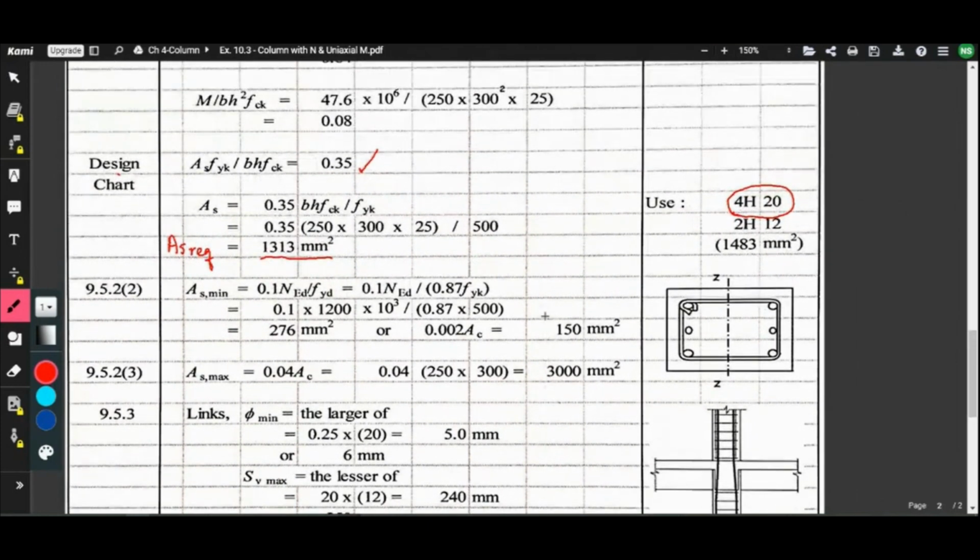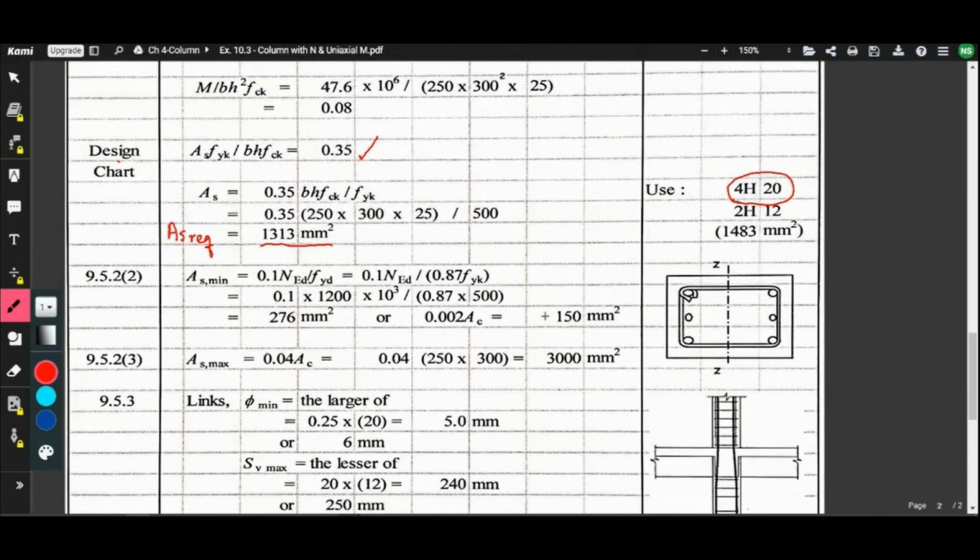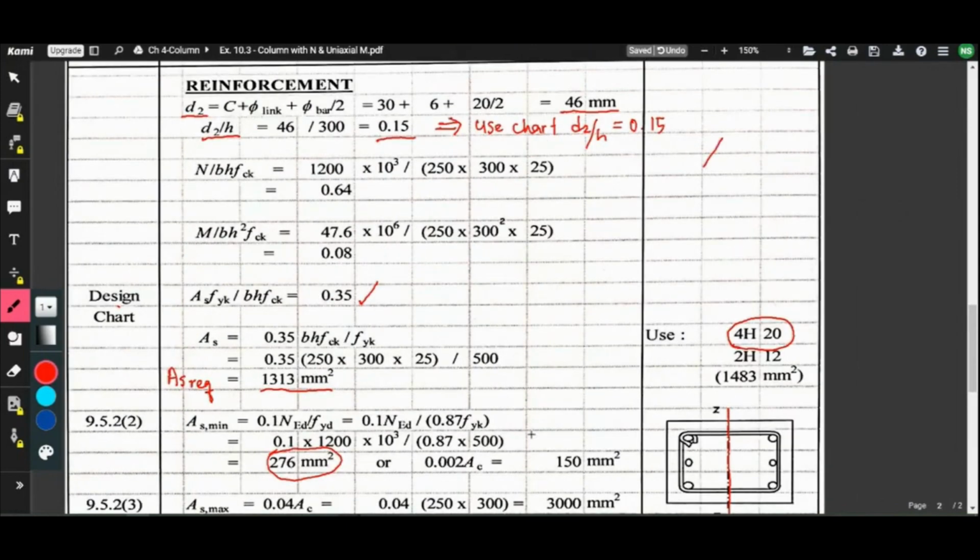And then based on As min, because bending occurs about the major axis, it means that the bending will occur on the left side or the right side of the z-axis, because this is our column.